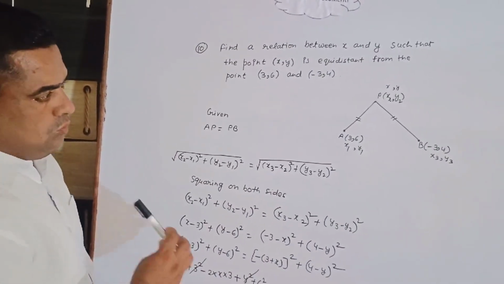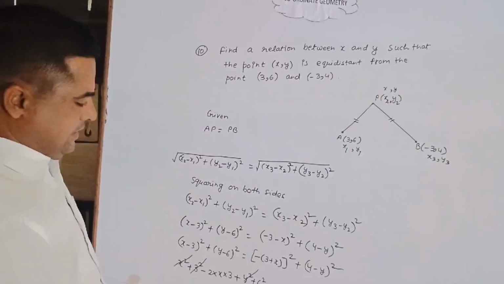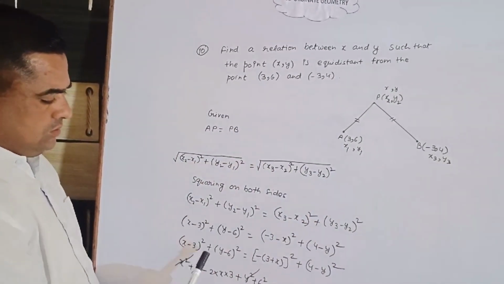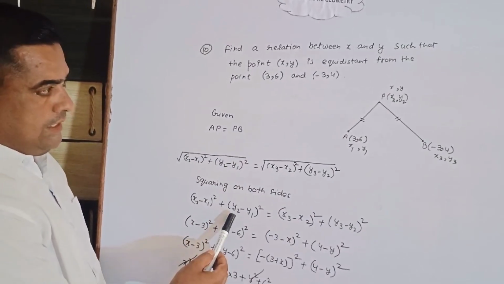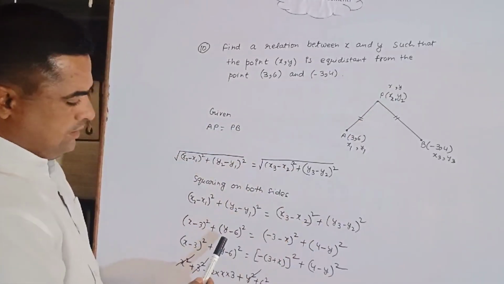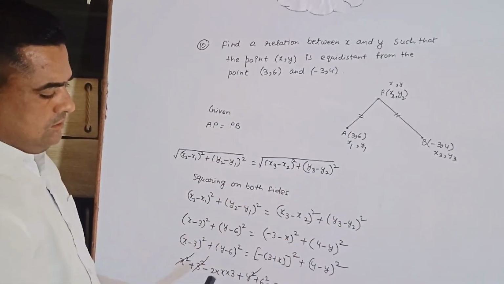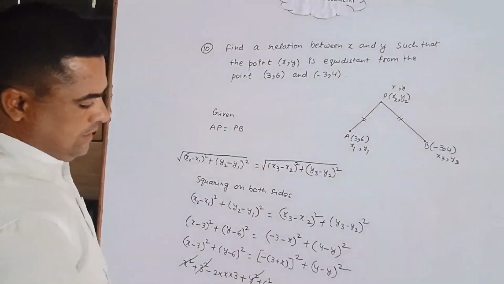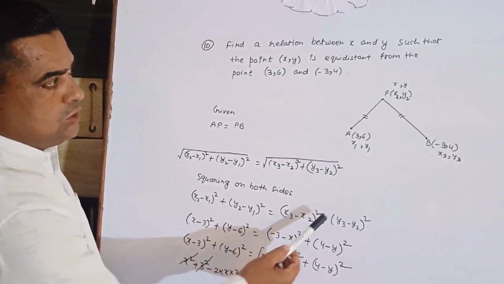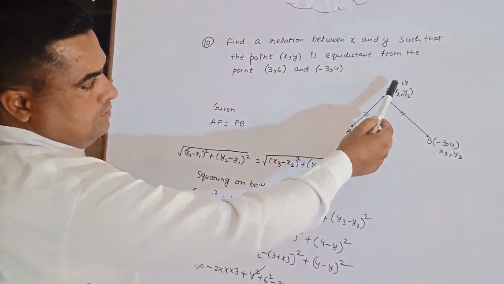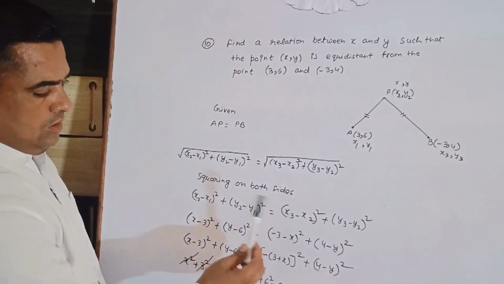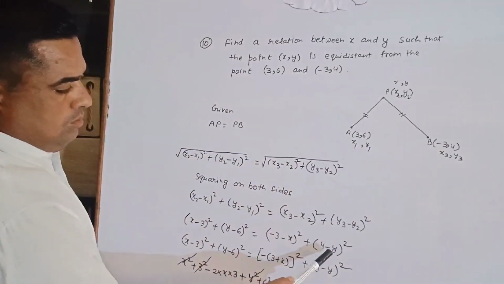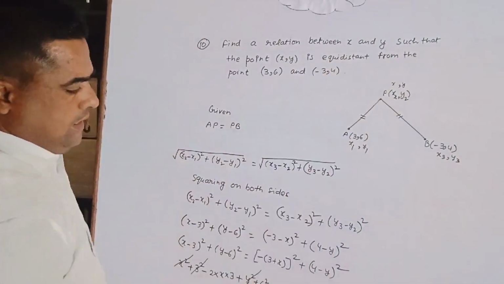The value of x2 is x, minus x1, this is 3, whole square, plus the value of y2, the value of y2 is y, and minus 6 whole square is equal to the value of x3 is minus 3, and minus x2 is x, whole square, plus y3, the value of y3 is 4, minus y2, this is y.